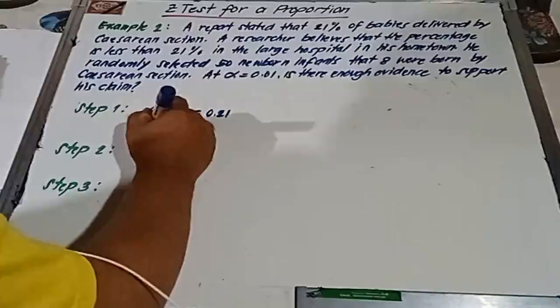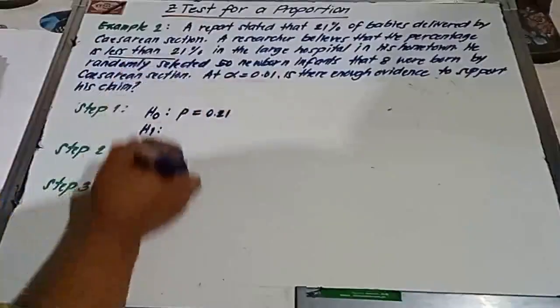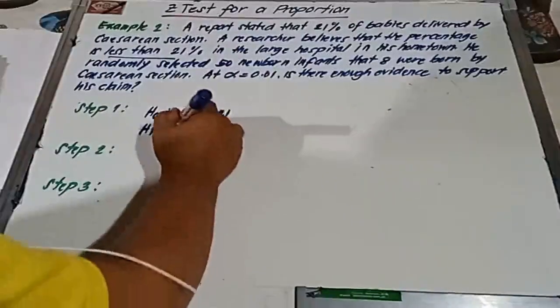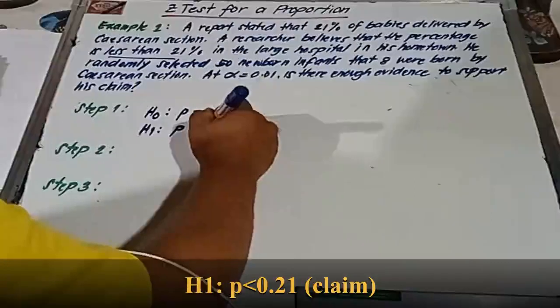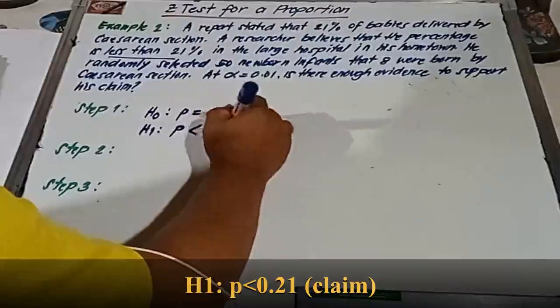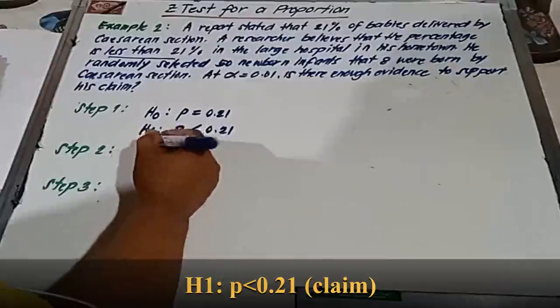And our alternative hypothesis is nakalagay dito less than. So therefore, our alternative is the population proportion is less than 21% or 0.21.